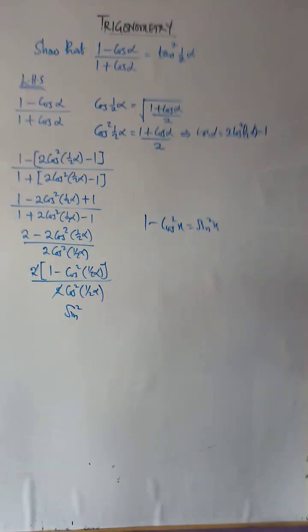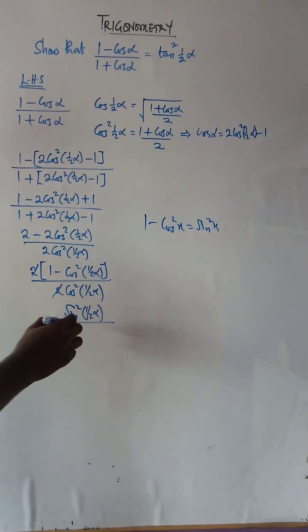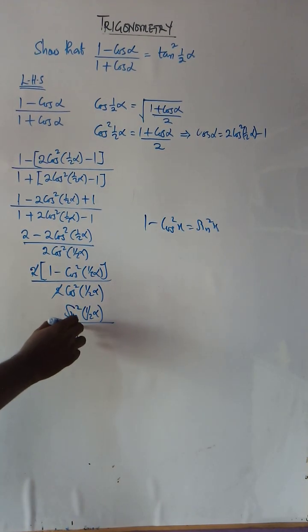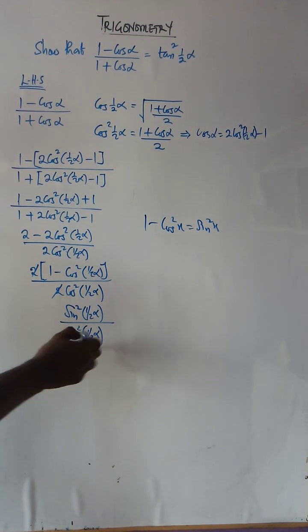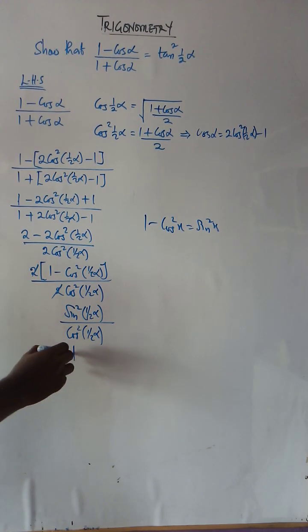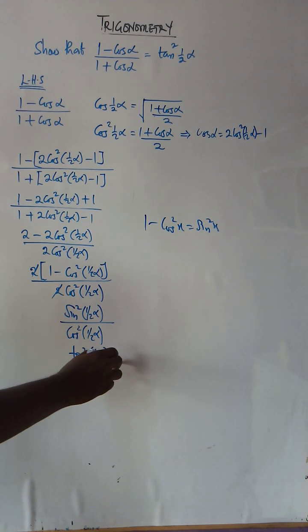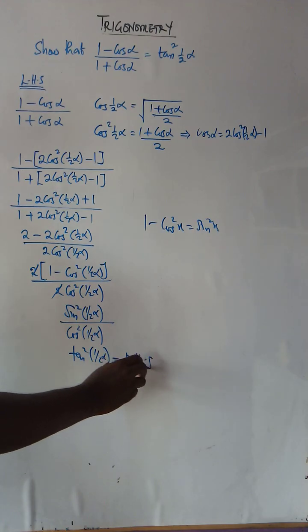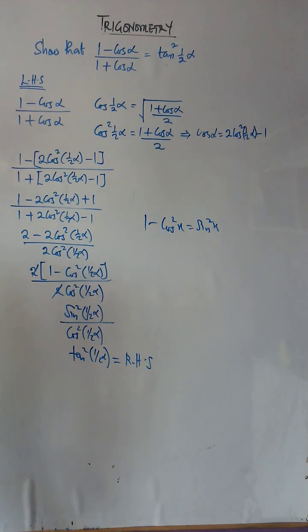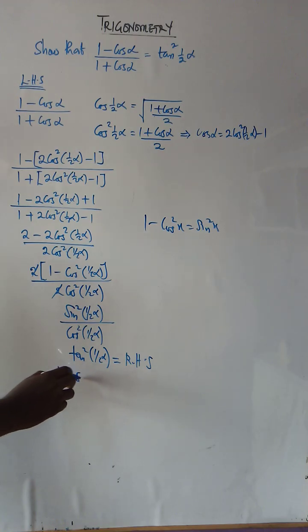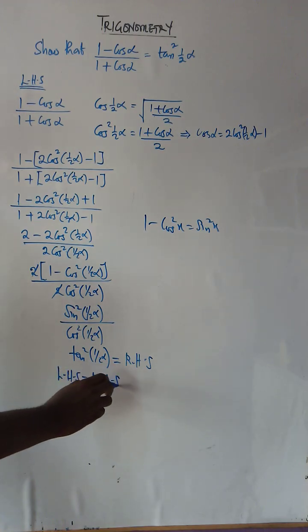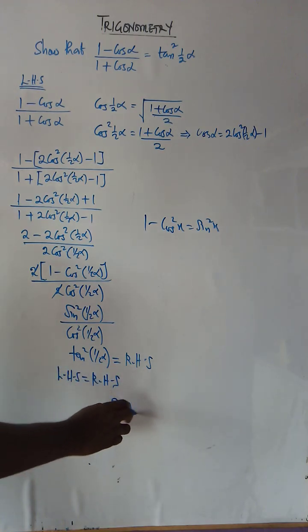Half alpha. And what do you have at the denominator? Cos square half alpha. Sine over cos is tan, so this becomes tan square half alpha, which equals our right hand side. So from here, it implies that our left hand side equals our right hand side. Hence demonstrated.